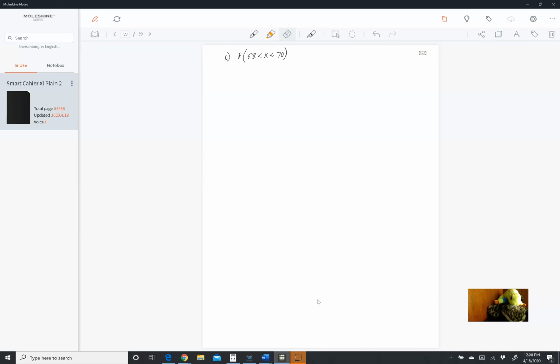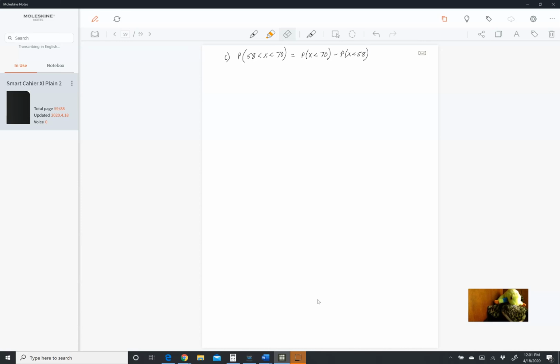The fact that we got a z-score of negative 12 for 25 miles per hour tells us no car is going at 25 miles per hour, an example of a speed that would not be safe on that highway. So again, this is the probability that somebody is going less than 70 minus the probability that somebody is going less than 58.